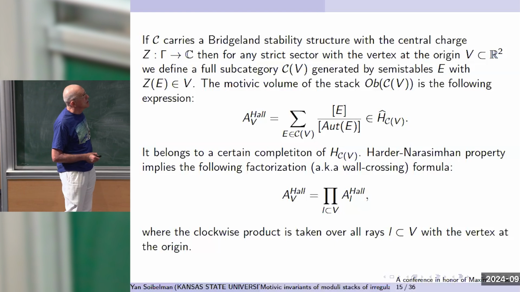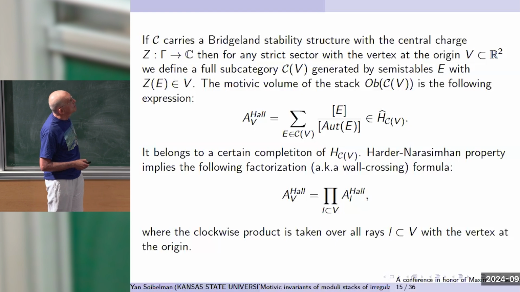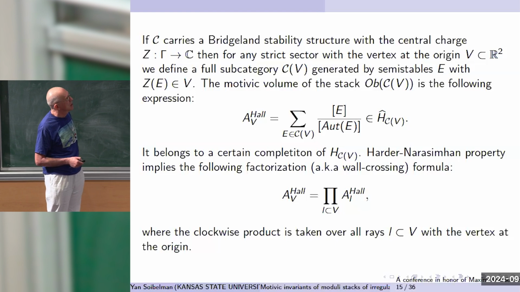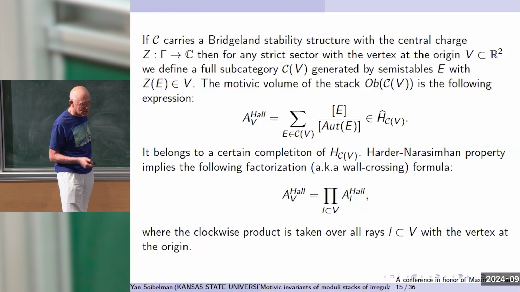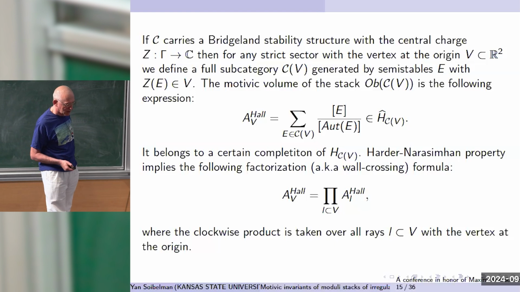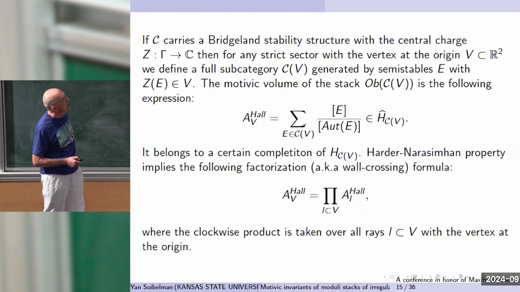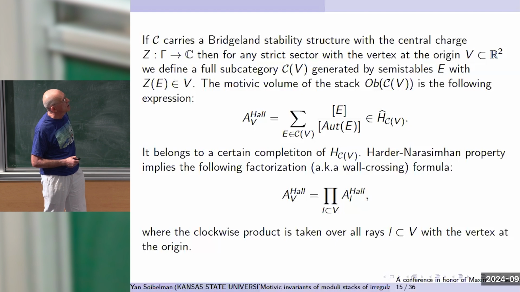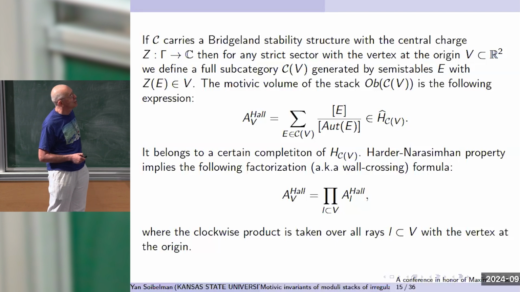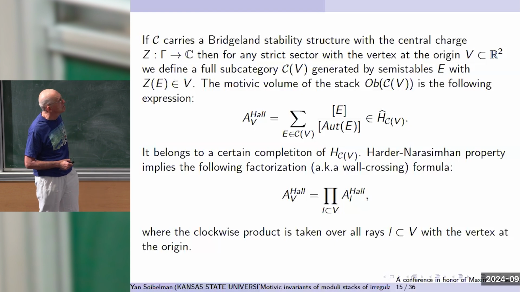In the completion. And since we fix a stability structure, we have a Harder-Narasimhan property. Every object admits a filtration with semistable quotients. And this implies that in the completed Motivic Hall algebra, we have a factorization, also known as a wall-crossing formula.